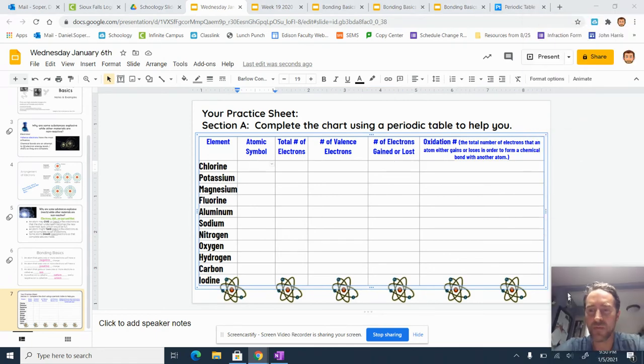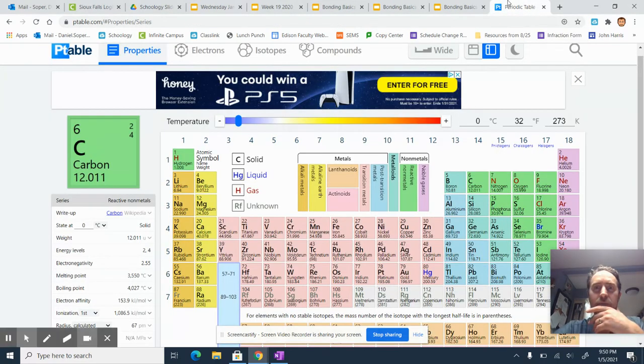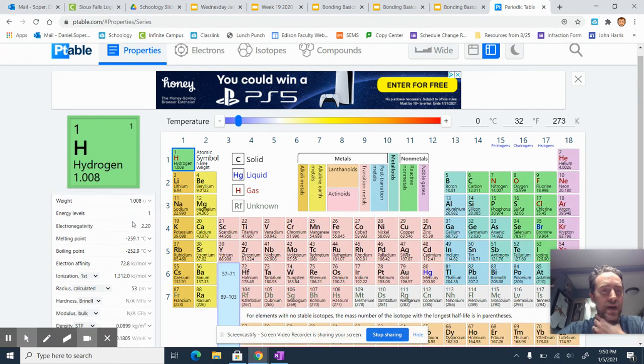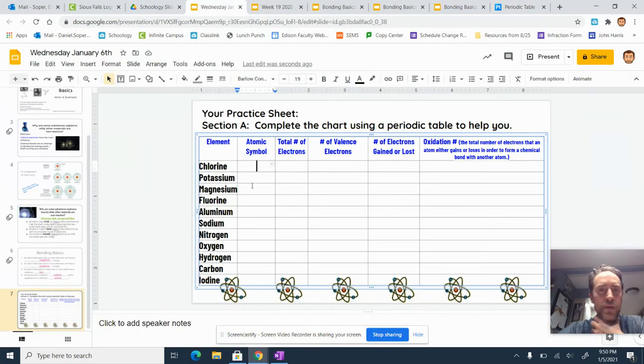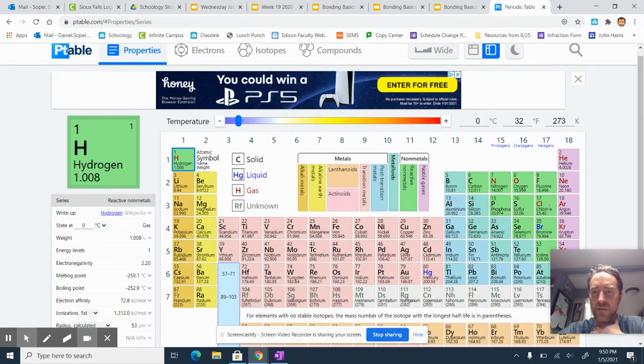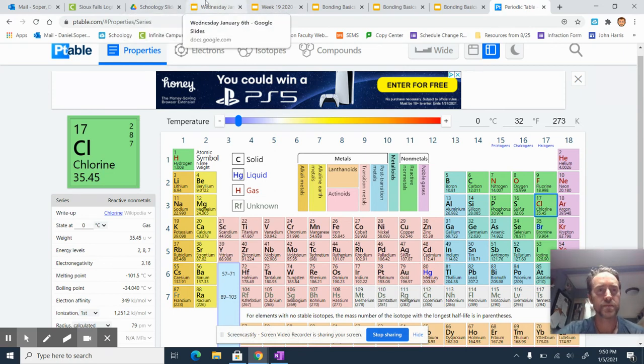And this is where, if you don't have your periodic table, I'm going to direct you to ptable.com. This is great because you can click on whatever element you're looking at and have all this great information about it. It's more than you need, but it's good. Okay, here we go. Chlorine's the first one. So let's find chlorine. It's going to ask you a few things.